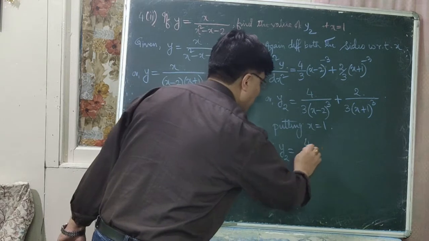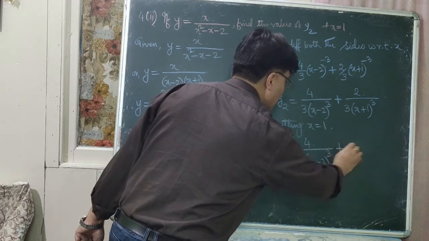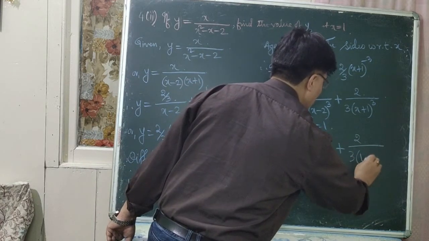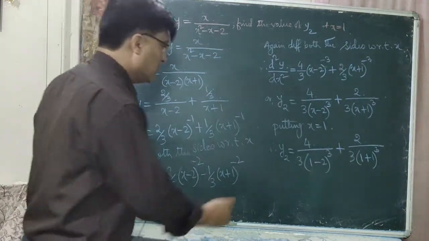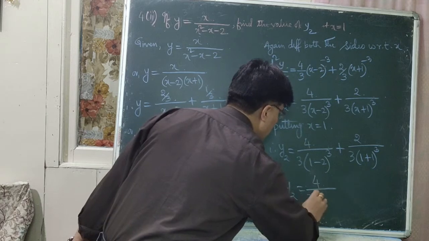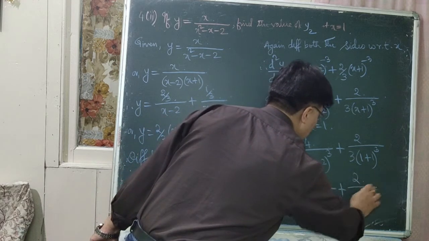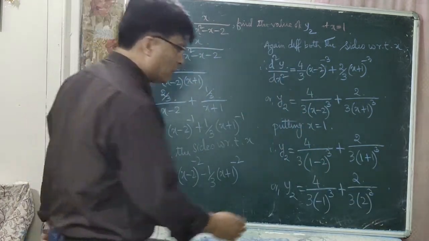Now put x is equal to 1, what do we get? y2 is equal to 4 upon 3 into 1 minus 2 whole cube plus 2 upon 3 into 1 plus 1 whole cube. Or y2 is equal to 4 upon 3 into minus 1 whole cube plus 2 upon 3 into 2 whole cube.